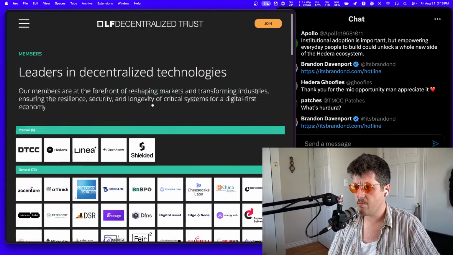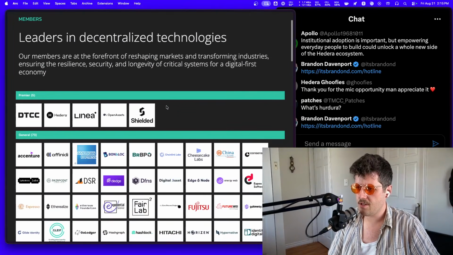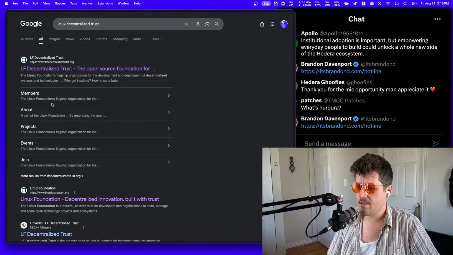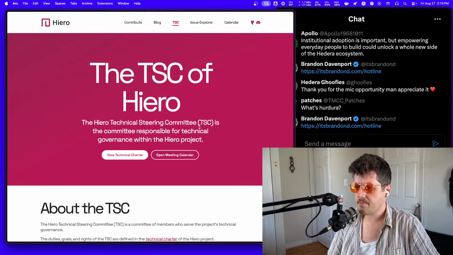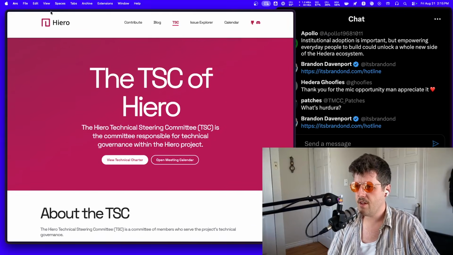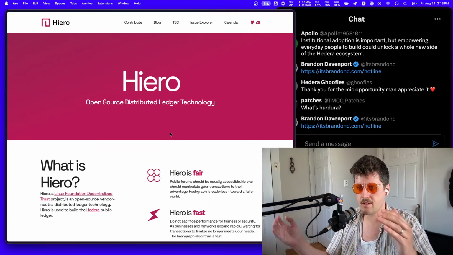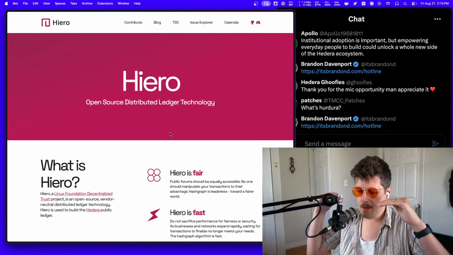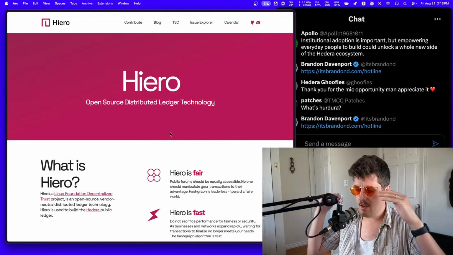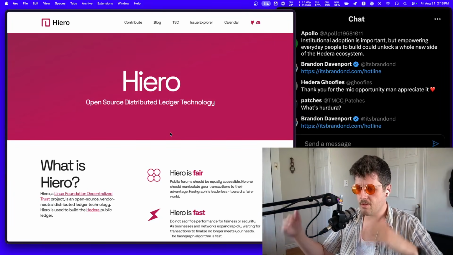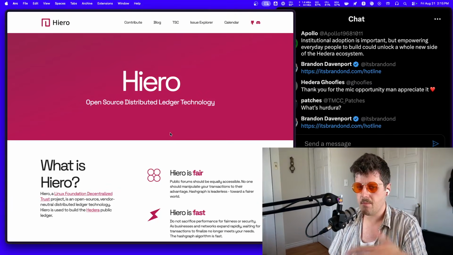So this is a group, the Linux Foundation Decentralized Trust. And this is part of the pathway to decentralization, right? What if it wasn't just the governing council charged with approving HIPs and coming up with ways to improve the network? What if we could open it up to a broader open source community?